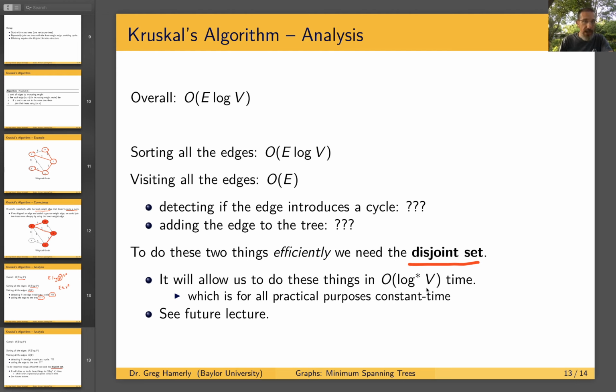And looking ahead, so that we can complete the analysis of Kruskal's algorithm right now, the disjoint set will allow us to answer this question and this question in what's known as log star of V time. That's not log of V, that's log star of V. And for all practical purposes, you will never see log star of V be any greater than a small constant. So it's in essence constant time.